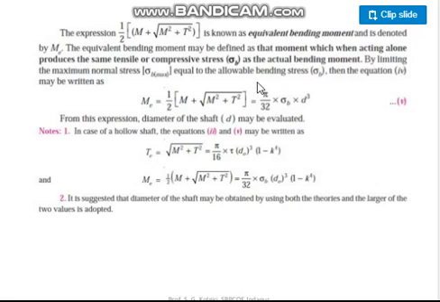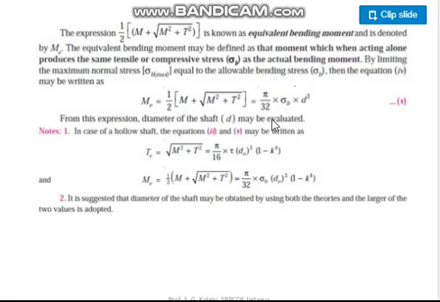Earlier we had the formula M equal to pi by 32 sigma b d cube, and now we have Me equal to pi by 32 sigma b d cube. Me is defined as the moment which, when acting alone, produces the same tensile or compressive stress as the bending moment and the twisting moment combined together.